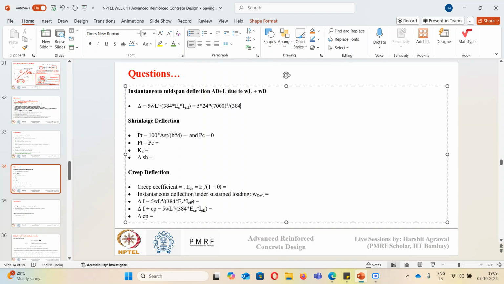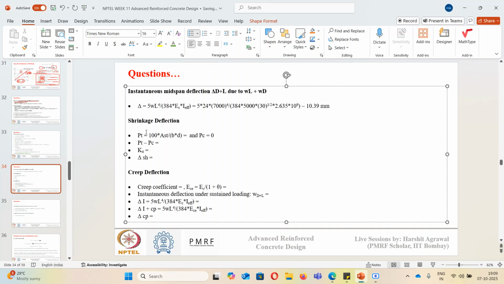So 384 into E, that is 5000 under root fck, times I effective, that we calculated as 2.635 into 10 to the power 9. Upon substituting all the values, you will get the instantaneous deflection due to dead load plus live load as approximately equal to 10.39 mm. Okay, so this is my instantaneous mid-span deflection.